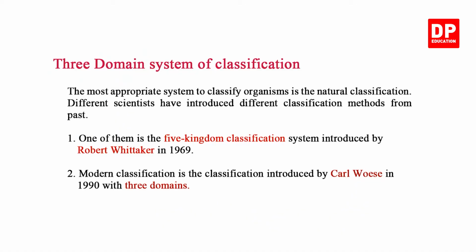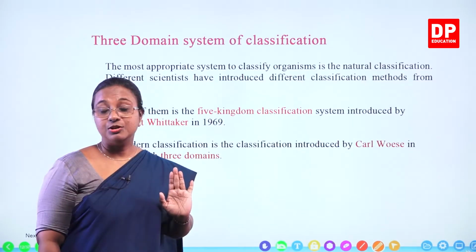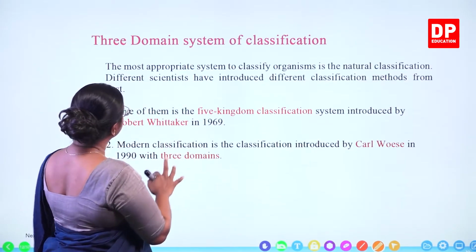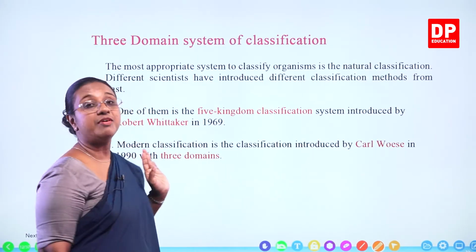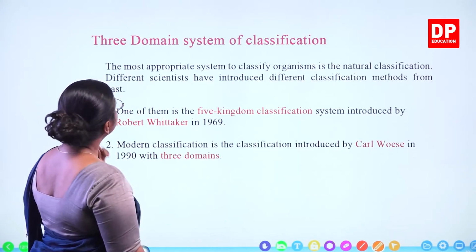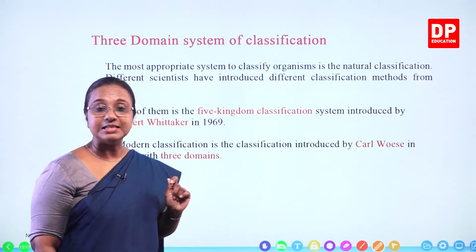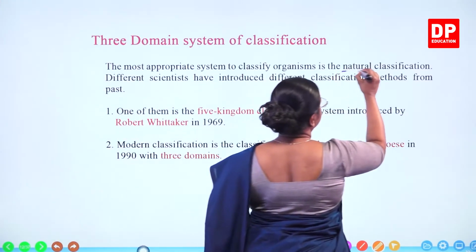So here we look at the 3-domain system of classification. Before we look at the 3-domain system of classification, I want you all to look at the 2 main types of classifications. So the most appropriate system to classify organism is the natural classification.